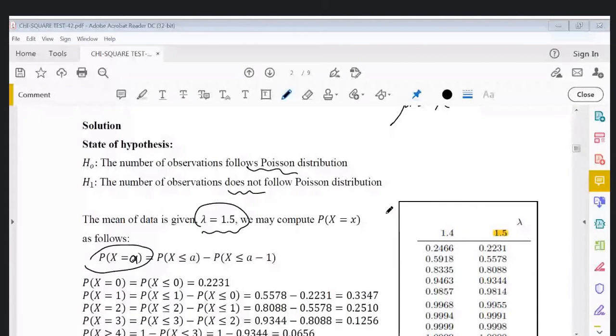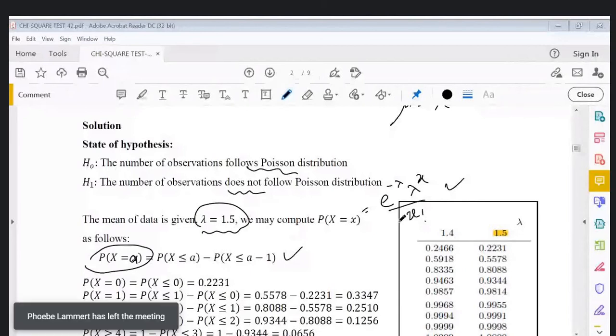We have two formulas. I put the first formula here, but in this case I use the second formula.